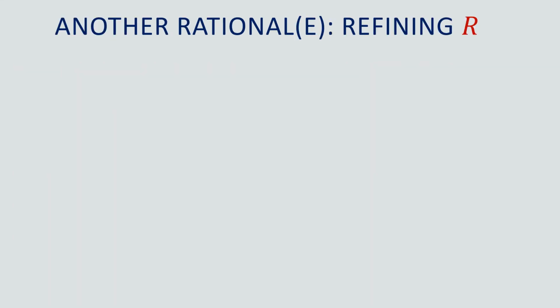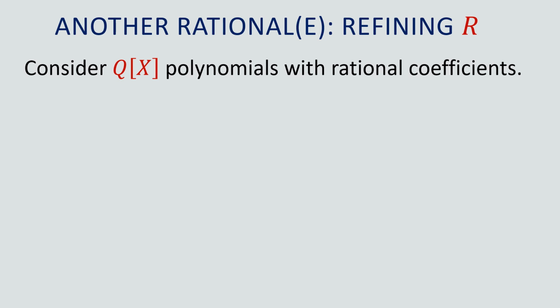There is a very strong reason for looking at polynomials, and this is the idea of refining how we look at the real numbers. Suppose we consider polynomials whose coefficients are restricted simply to rational values.